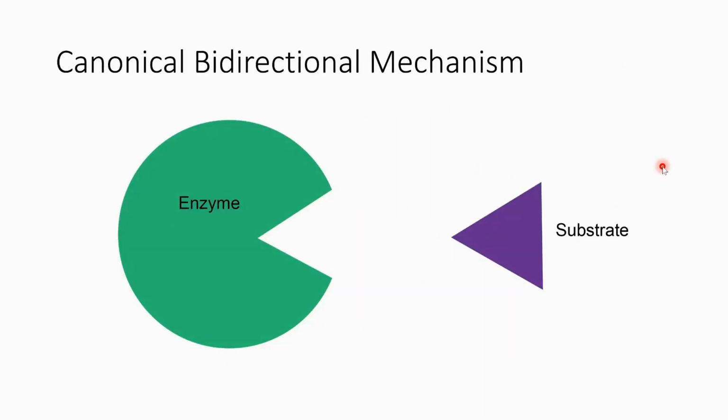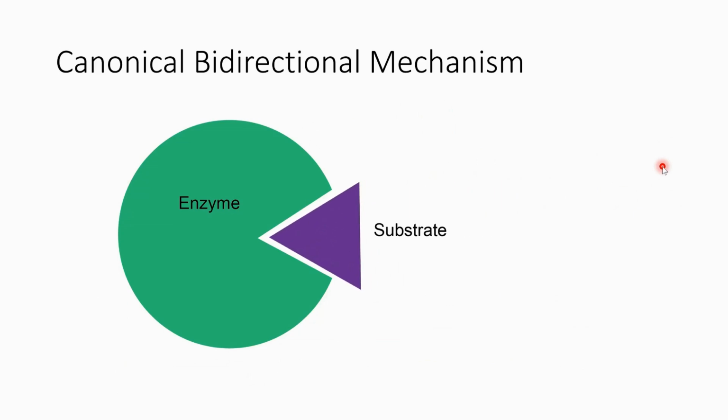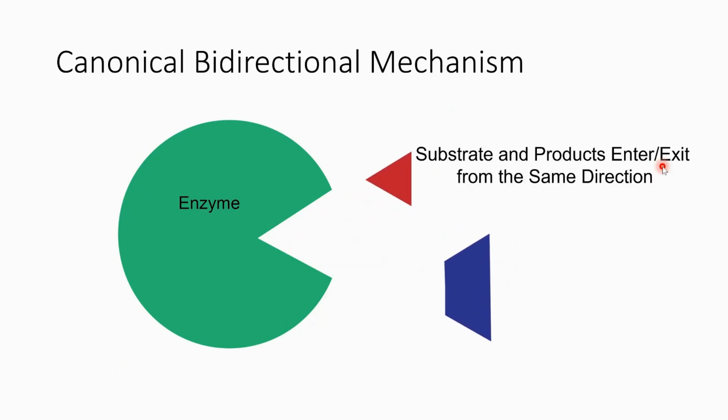To illustrate this, I think we all have to think back to our days of studying enzyme mechanisms in college. At least for me, when I think of how an enzyme works, I think of the canonical bidirectional mechanism. We have an enzyme, it finds its substrate, it hydrolyzes its substrate into products, and then these two products enter and exit from the same direction. So it came into the pocket one way and it came out the same way.